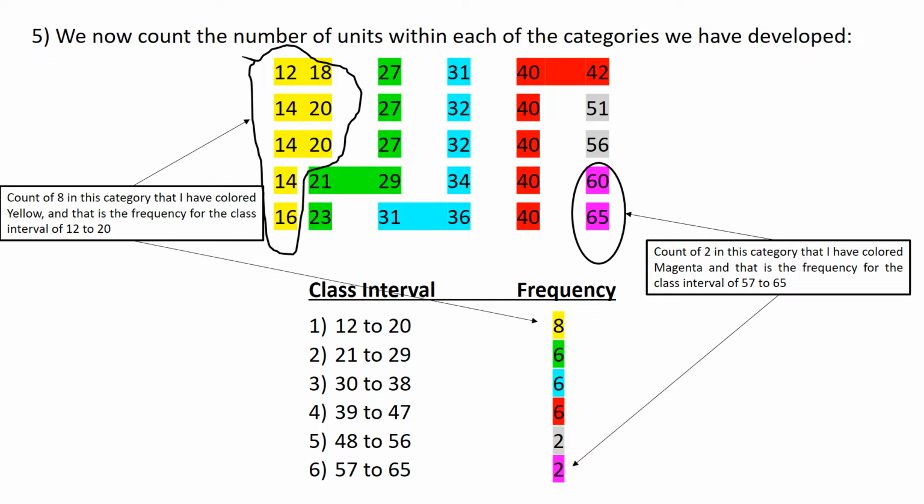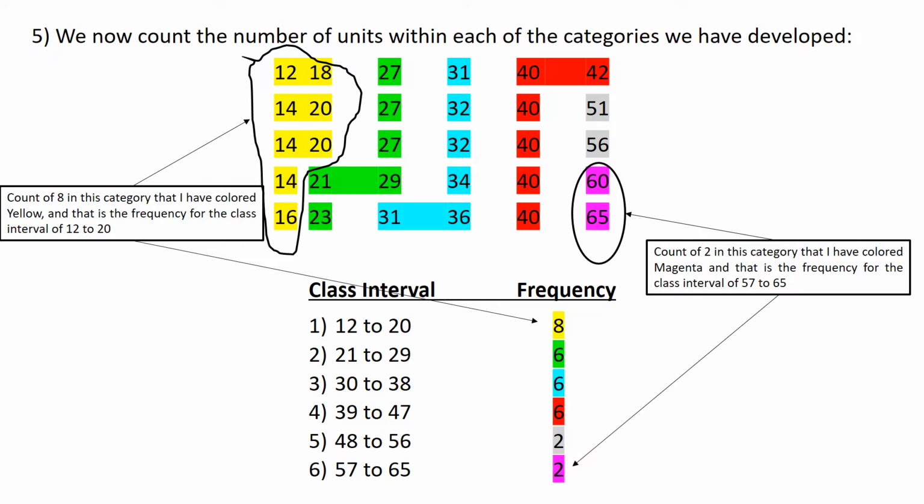There are 6 in the green from 21 to 29. There are also 6 in the light blue from 31 to 36, which is the category 30 to 38. In the category 39 to 47, there's also 6. There's a bunch of 40s and a 42, but they all fall between 39 and 47. 48 to 56 have 2, and I've color-coded these so you can follow.